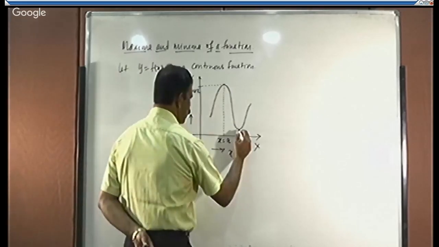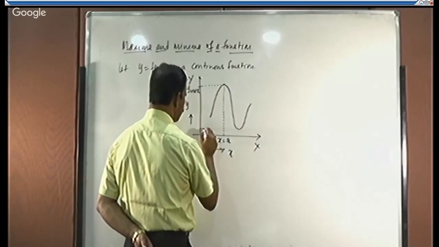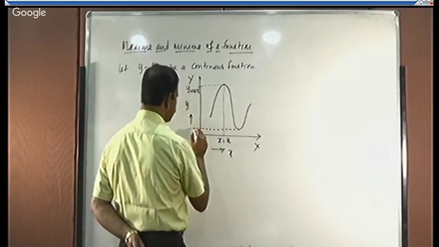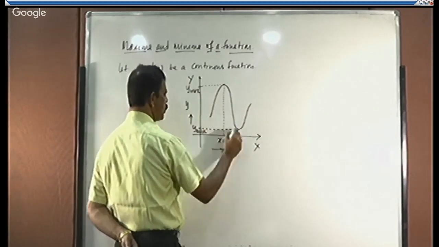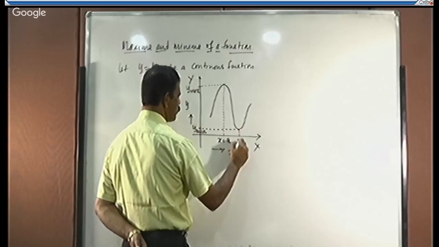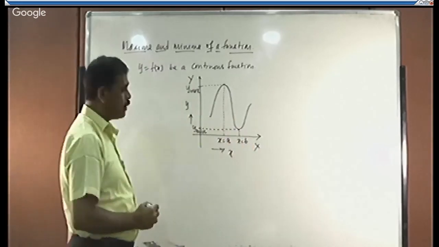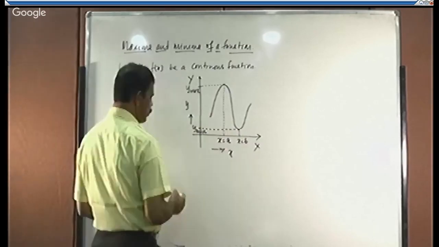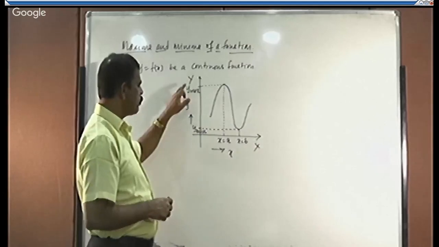And see, this is the lowest value in the curve. This is said to be y minima. This y minima is at a particular value of x, called x is equal to b, right? For any continuous function, there will be a maximum value and a minimum value.